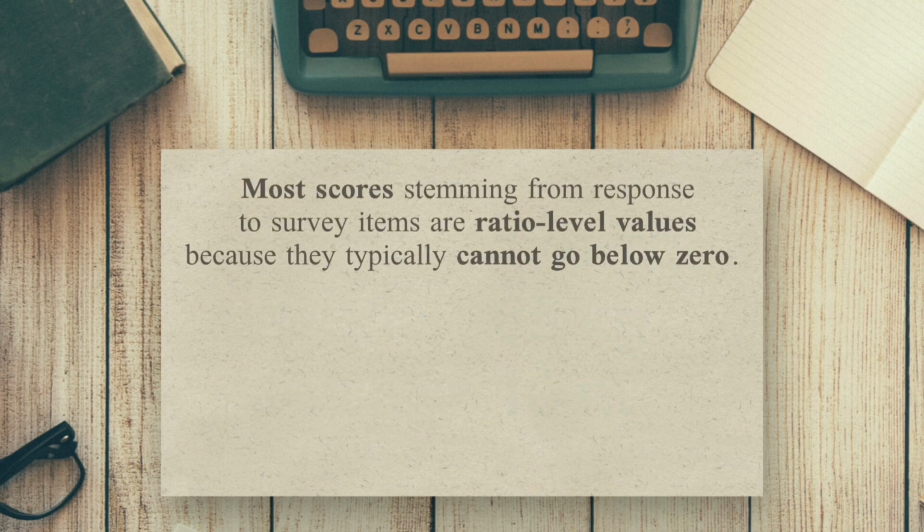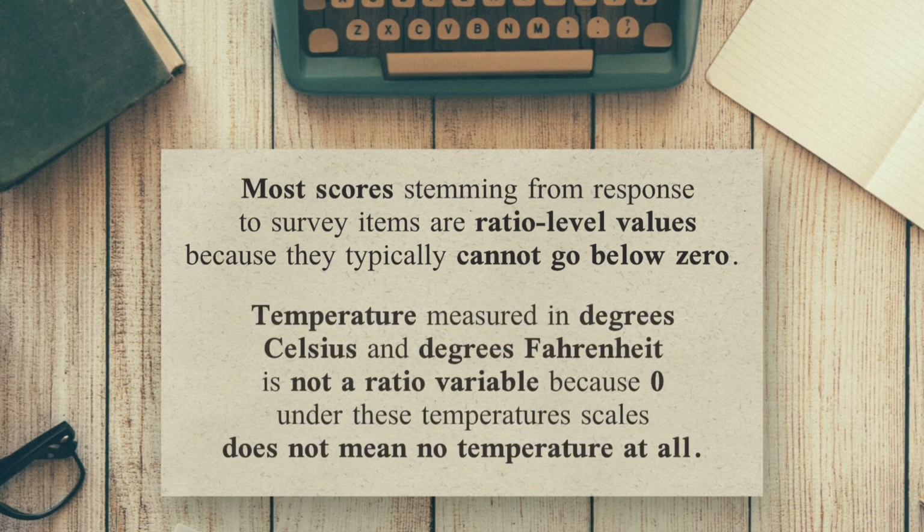Now, most scores stemming from the response to survey items are ratio level values because they typically cannot go below zero. Temperature measured in degrees Celsius and degrees Fahrenheit is not a ratio variable because zero under these temperature scales does not mean no temperature at all.